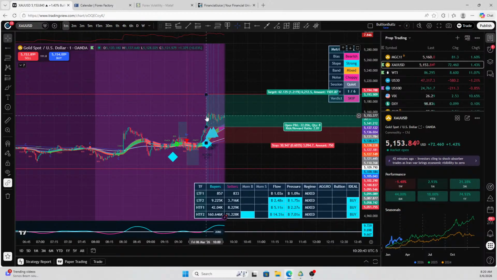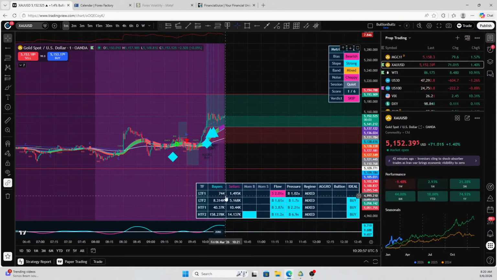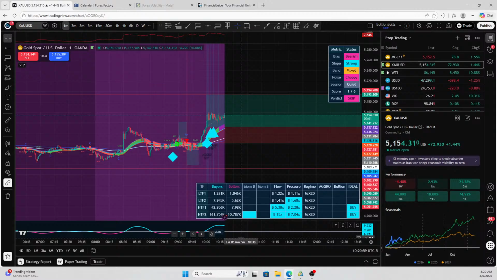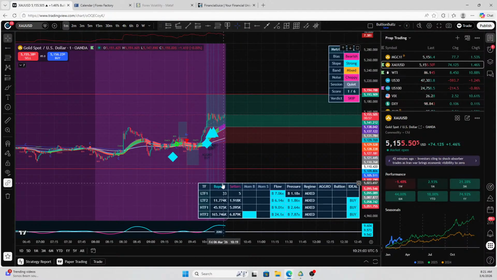Remember, these could be the breakout traders trying to break this out. Pressure is still heavy. We have sellers coming in, balanced by buyers. So yeah, buyers are dominating now.